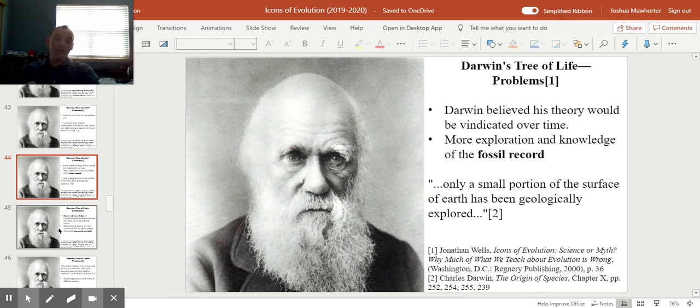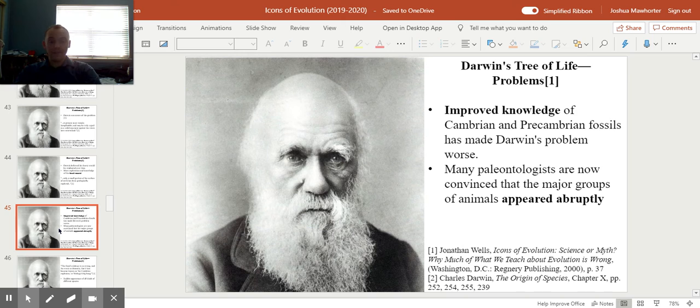He said only a small portion of the surface of the Earth has been geologically explored, meaning we just don't know what's there in the fossil record, and we definitely don't know what's missing. So maybe more information will come at a later time.